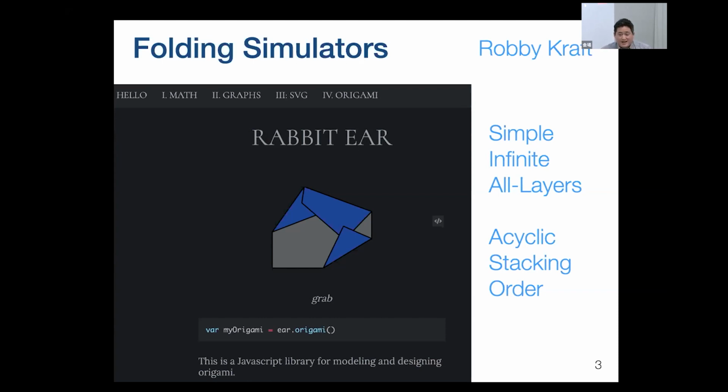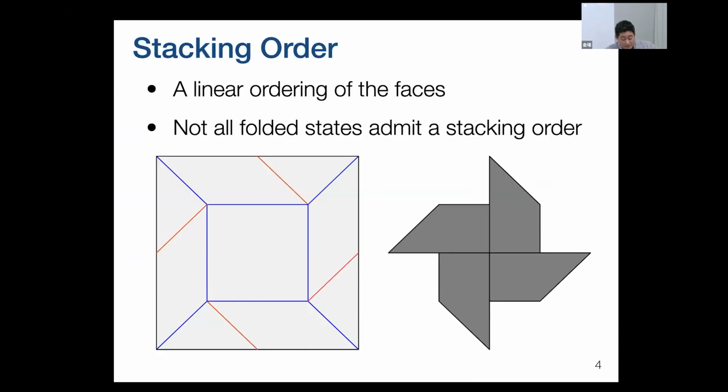And that's very nice, in fact, to simulate because you're always able to ensure that the folded state has an acyclic stacking order, where you can actually order the faces from top to bottom on this model. So it's computationally very easy to simulate. But unfortunately for general origami models, such a linear ordering of the faces is not always possible.